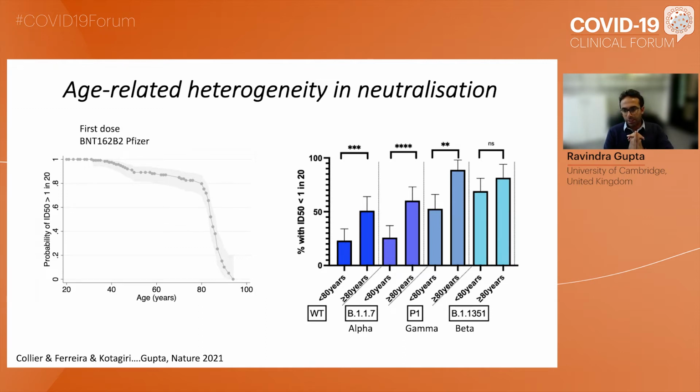And this figure really is designed to also show you that the advent of variants has increased the susceptibility of the elderly age group to SARS-CoV-2. In other words, the neutralizing antibodies are less effective because their titers are generally lower, and therefore variants pose a significant threat to those with suboptimal immune responses.